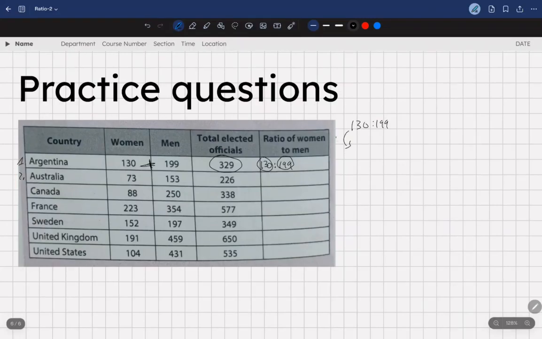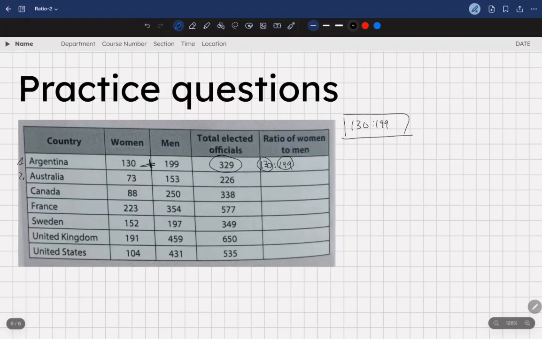So if I divide 3 here and 3 there, let me just do it. 130 divided by 3, 4, 12. Oh, it's not possible. I think that's the most simplified version here. That's why the ratio of women to men equals 130 to 199.